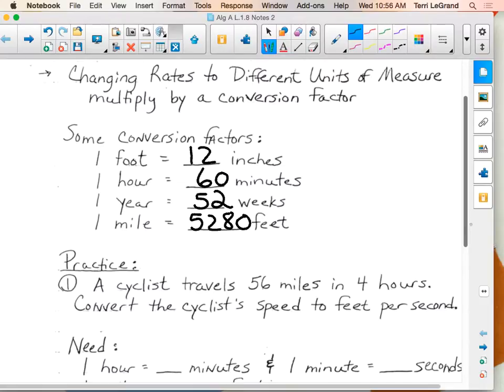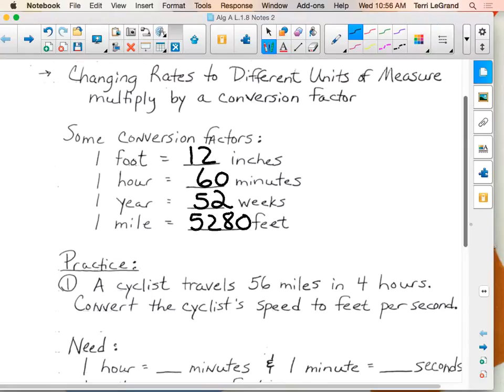How many seconds per minute? 60 seconds in 1 minute. How many feet in 1 yard? 3 feet in 1 yard. Come on, there are lots of them floating around in our world.